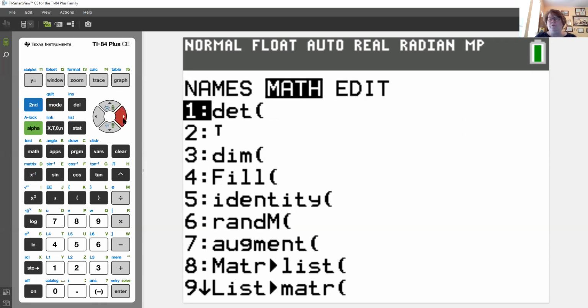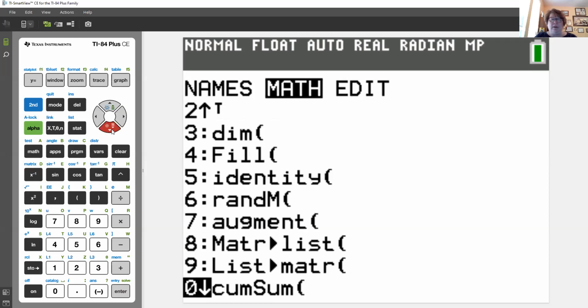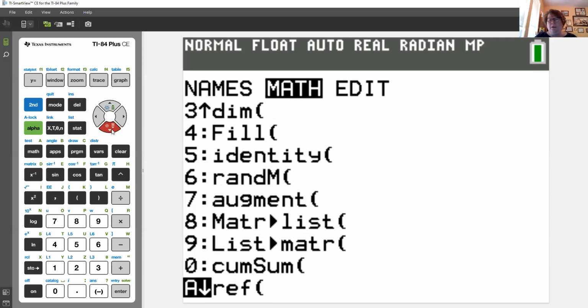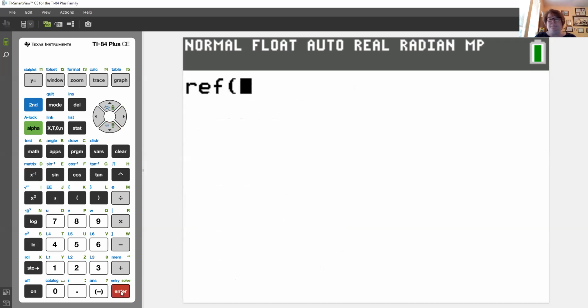I'm going to arrow over, and then I'm going to arrow down till I find A, R-E-F, row echelon form. So my calculator is going to use Gaussian elimination and put my matrix in row echelon form. So I'm going to click enter, takes me back to the home screen.